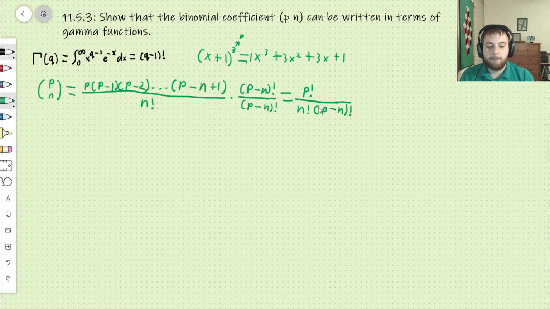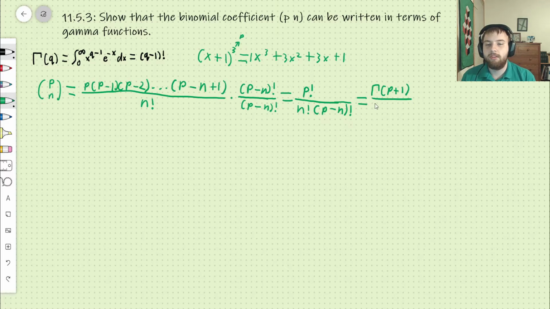Since we've written this in terms of factorials, it's not too bad to turn it into gamma functions. The gamma function of q is the factorial of q minus 1. So the factorial of p is the gamma function of p plus 1.